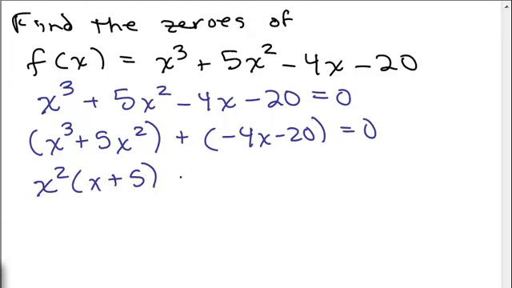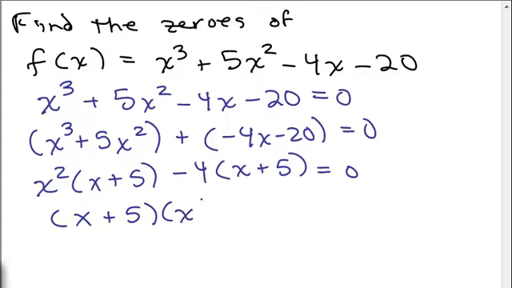Out of the second, I'm going to pull out a negative 4. The trick here is you should always get the same thing in here if it does factor in parentheses. So that's why I pulled out a negative 4. And that did work. I got an x plus 5. So this was nice. This one factors as x plus 5 times x squared minus 4.